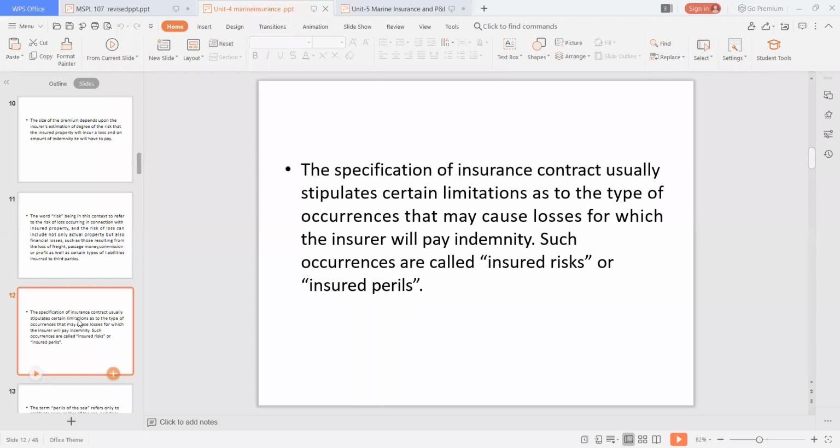Sudden financial loss, okay. Perils examples, yes, rightly told: storms, collisions will occur. What about lightning? Lightning, thundering, that also affects the marine? Yes, possible.